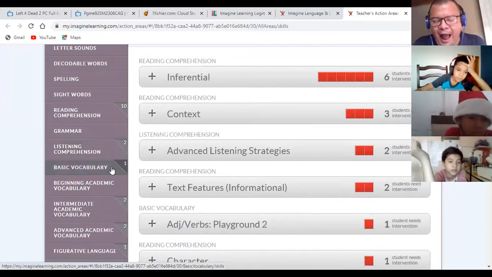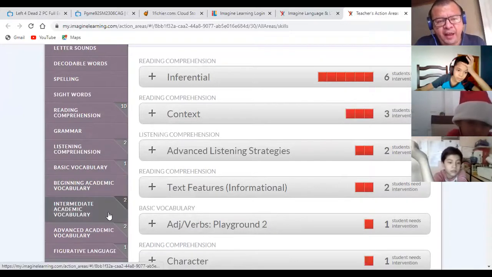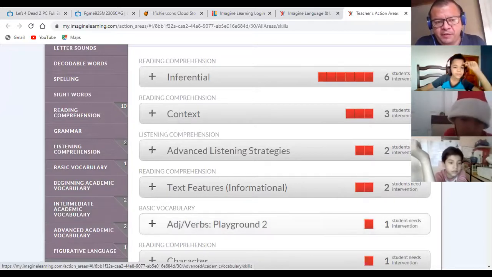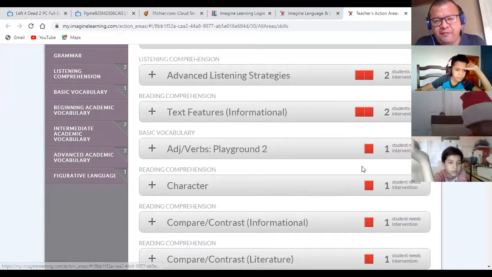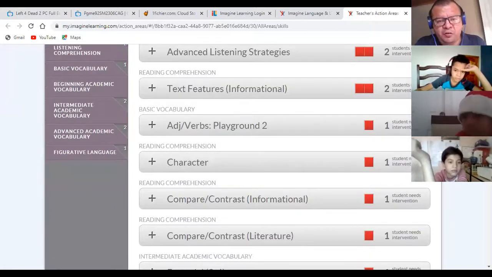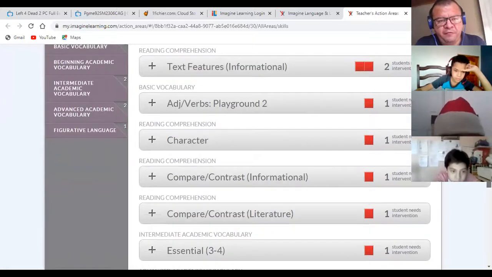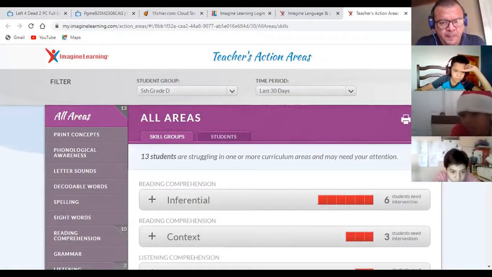One of you has problems with the basic vocabulary. Two of you have problems with the intermediate academic vocabulary. Two of you have problems with the advanced academic vocabulary. One of you has problems with figurative language.